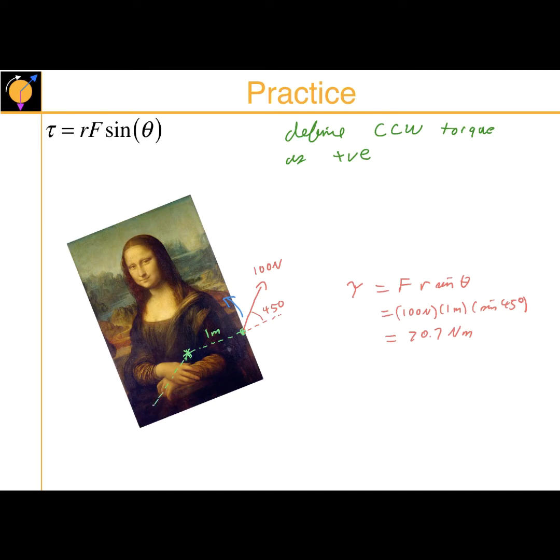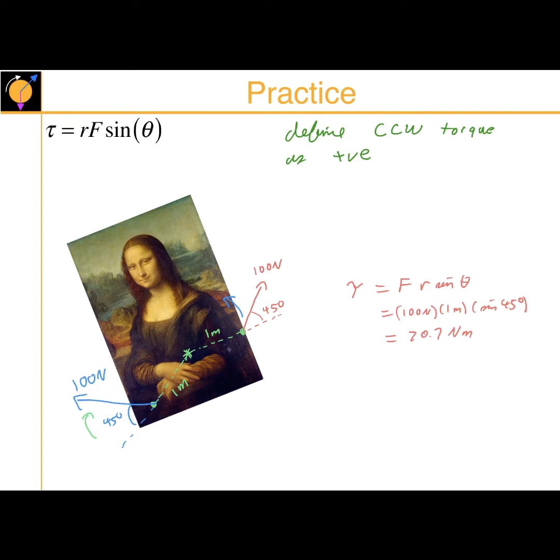But let's do another part. Let's say this here is also 1 meter, and the force here, let's make the force in this case blue, and the force here is in that direction. Let's make it also 100 newtons. Let's make it also this angle here, 45 degrees. So in this case here, the force is going to make it try to turn clockwise.